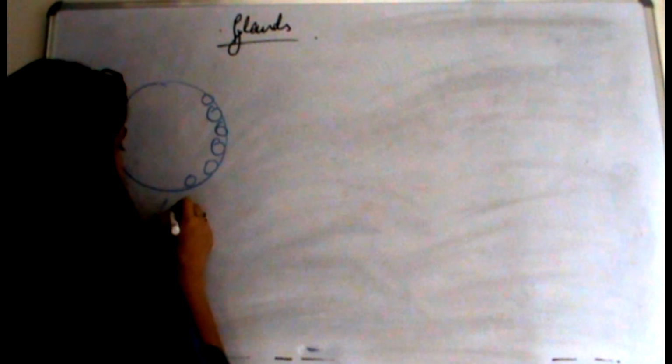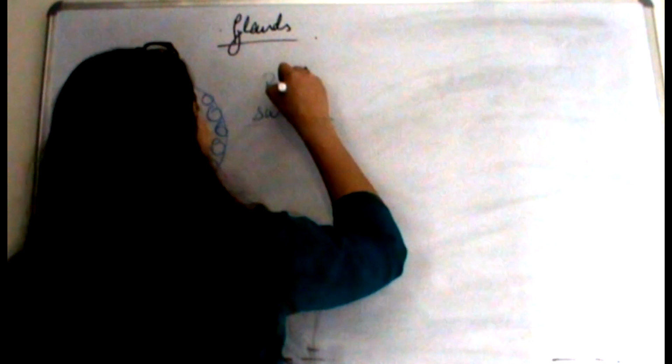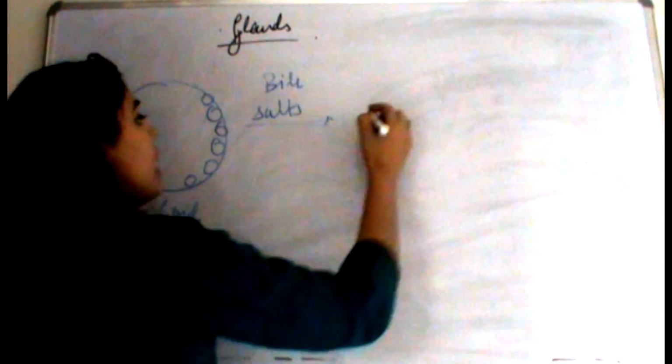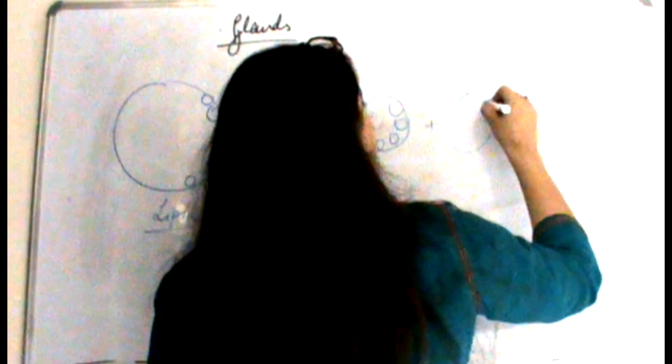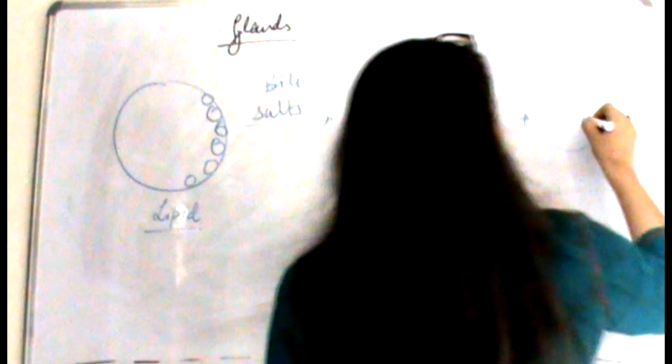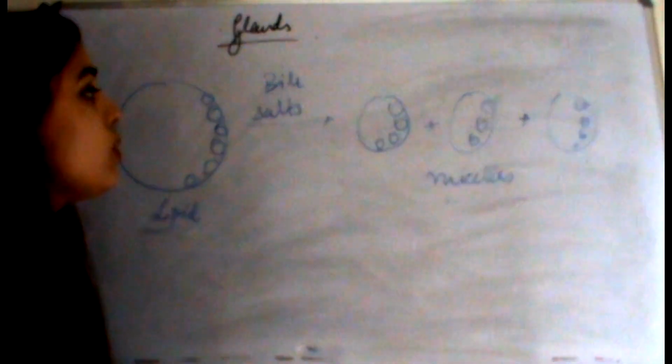This is the lipid. Now what happens? Bile salts act on this lipid and they lead to the formation of smaller micelle-like structures. So these micelle-like structures, what are they doing?